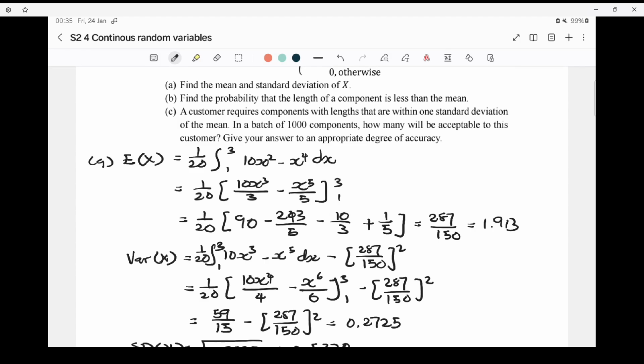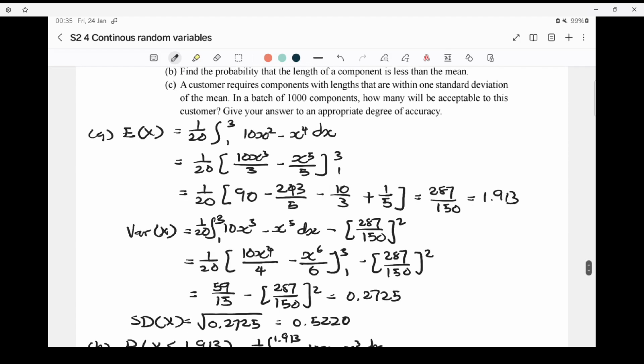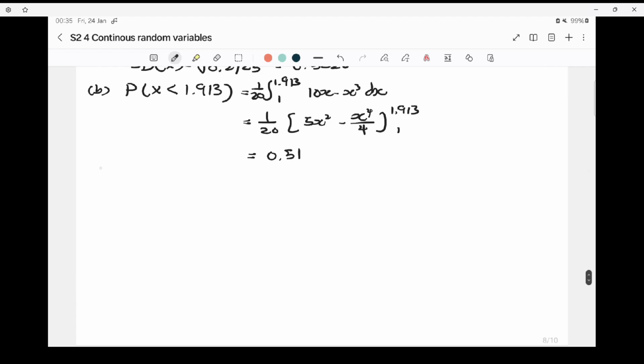Customer requires components with length that are within 1 standard deviation of the mean. If you have a batch of 1000 components, how many will be acceptable? So part C. So 1 standard deviation from the mean. How would you formulate that?